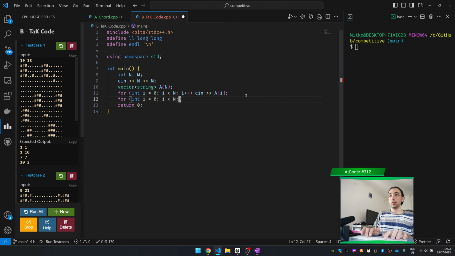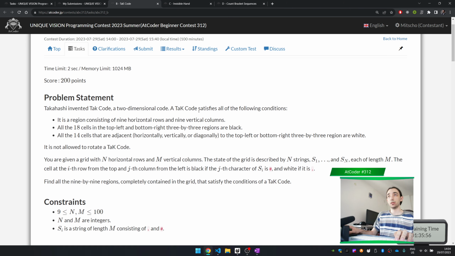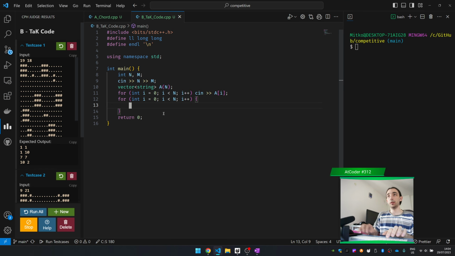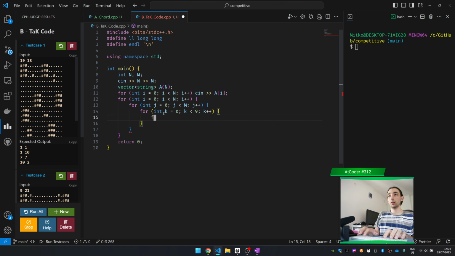So it's 9 by 9 always, right? So I start from every point, then I go 9, but here I will say this is minus 9 plus 1, minus 9 plus 1, I think.